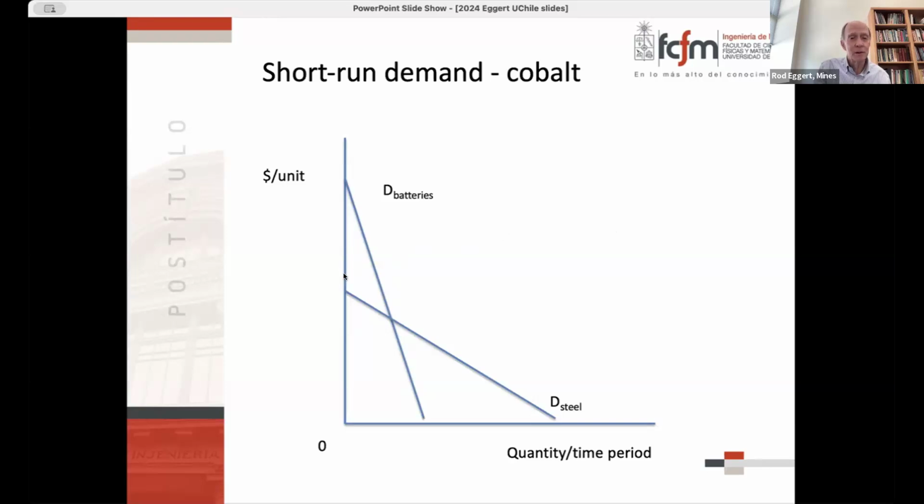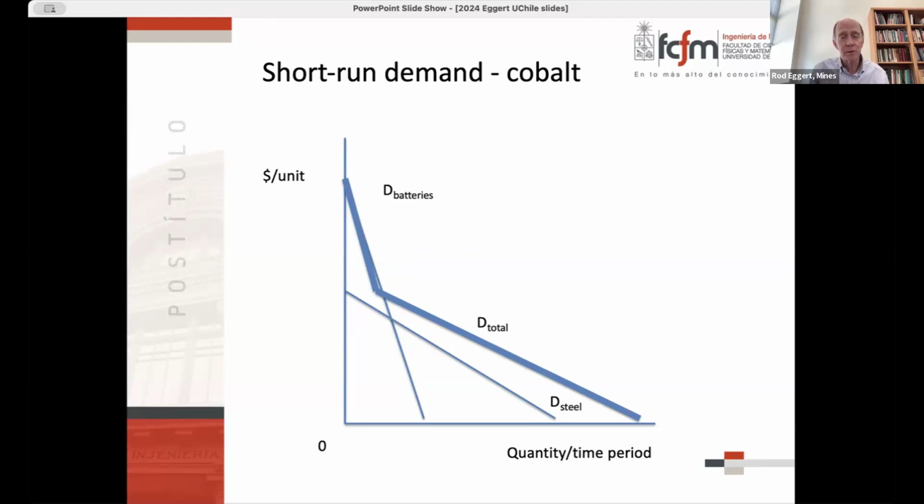Zero. So at prices higher than this point, the total demand curve will simply be the demand curve for batteries, or by battery manufacturers. And so the total demand curve will look like that, given the assumptions in my question.